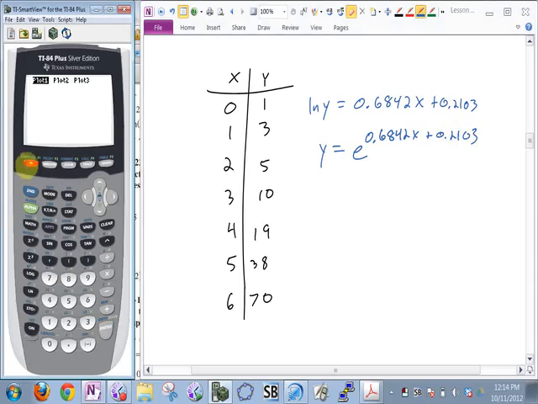So if I go to my y equals and I type e raised to the 0.6842x plus 0.2103, and if I change my stat plot to go back to being L1 and L2, and I do a zoom 9, there's our exponential set of data, and look at that curve. Fit that data beautifully, right?